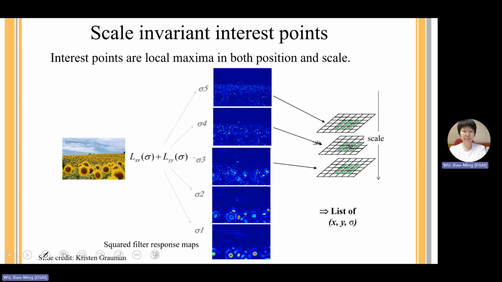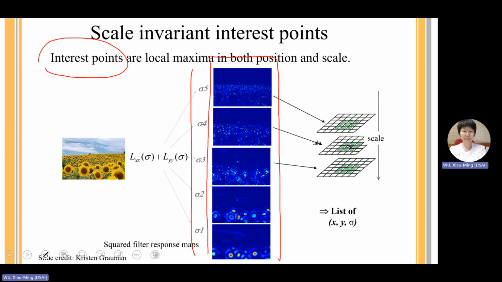So how can we identify key points or interest points? We need to apply a series of filters and we get those response maps. For example, we have 5 maps. We need to combine the information of the 5 maps to identify interest points. Now we can just slide a cube.